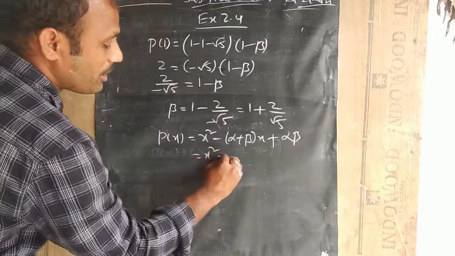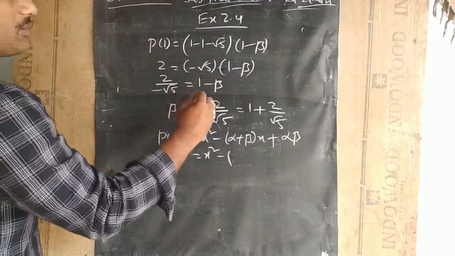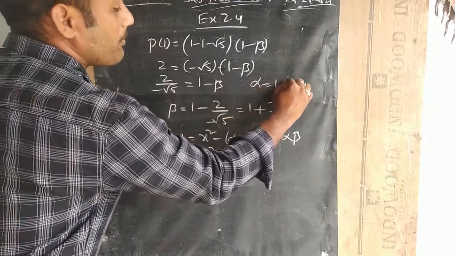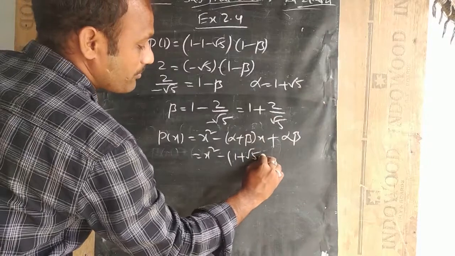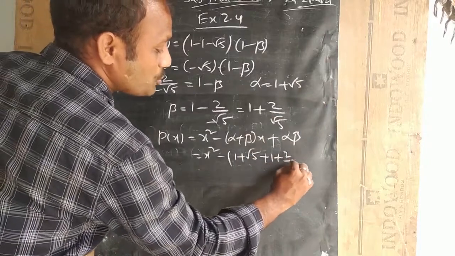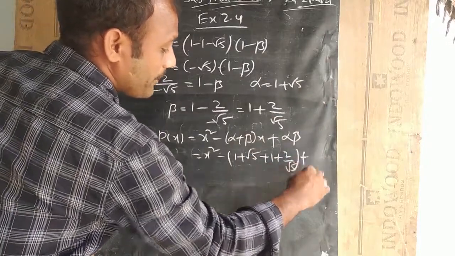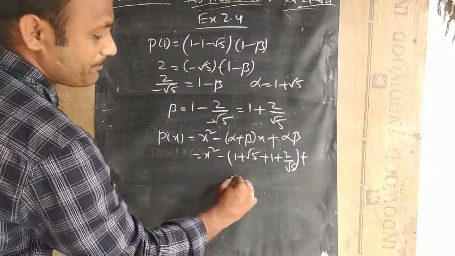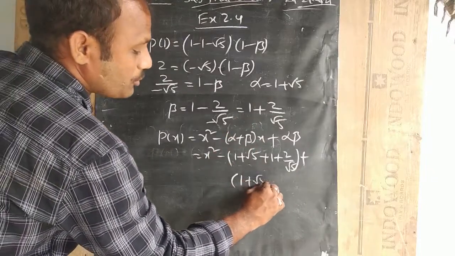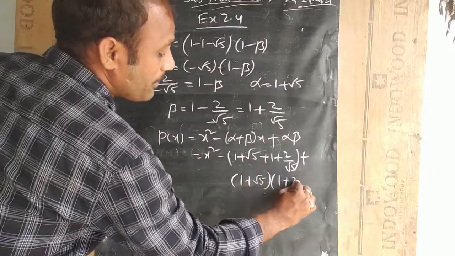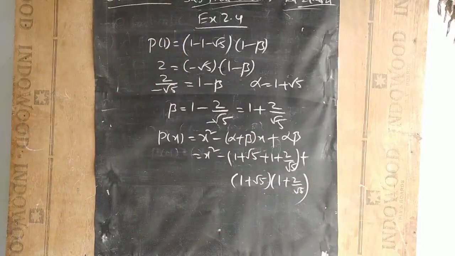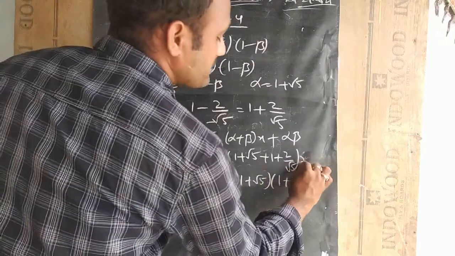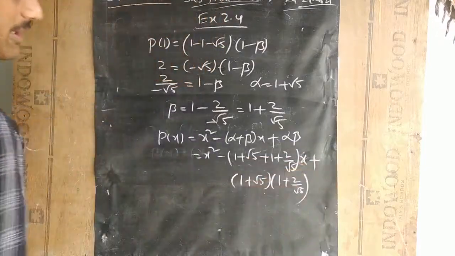That is x square minus alpha plus beta. So what is my alpha value? 1 plus root 5. So 1 plus root 5 plus 1 plus 2 by root 5 plus alpha into beta, 1 plus root 5 into 1 plus 2 by root 5. Here we have not written x plus. Why? Because x is an x.